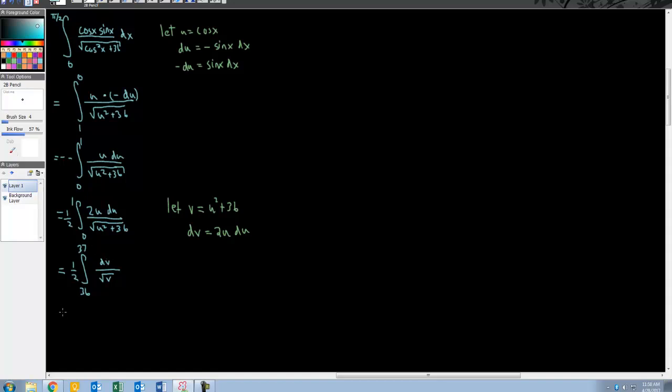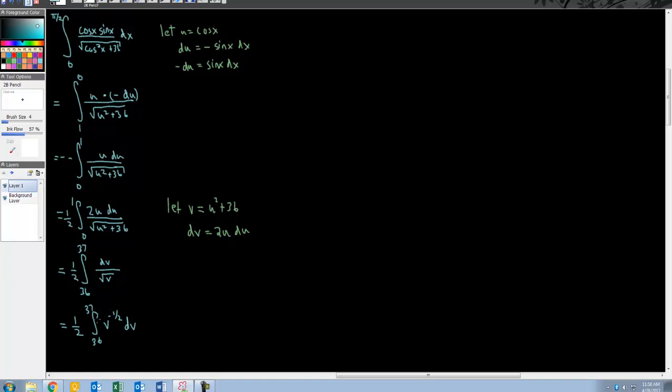Okay? And now look at this nice integral we're left with. The definite integral from 36 to 37. What is this? It's v to the negative 1/2 dv.